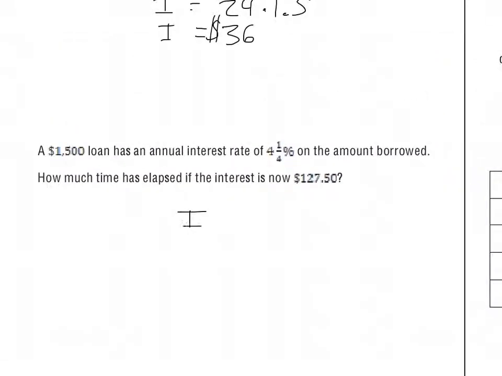So interest is equal to principal times rate times time. We're going to plug in the information. We have a loan, that's our principal. That's how much was borrowed.